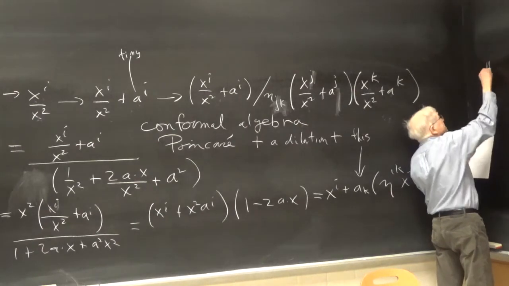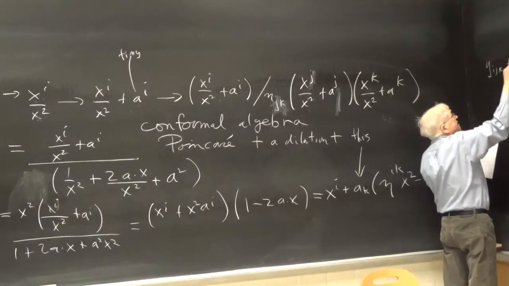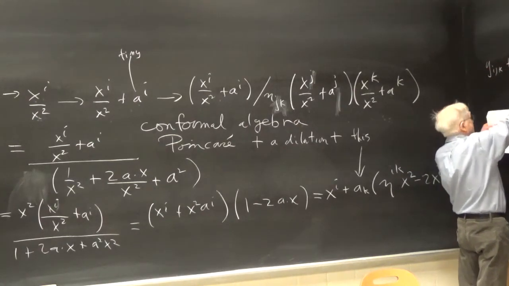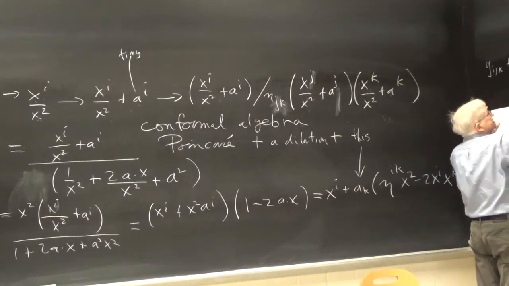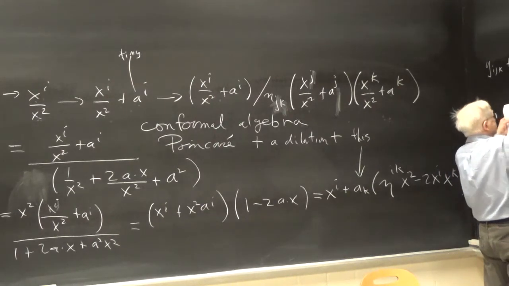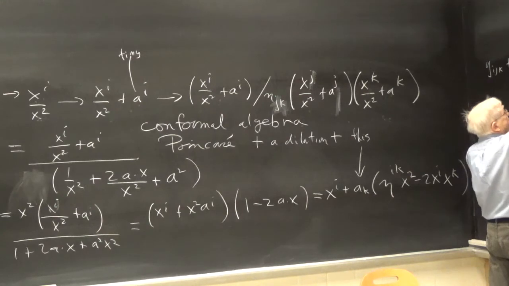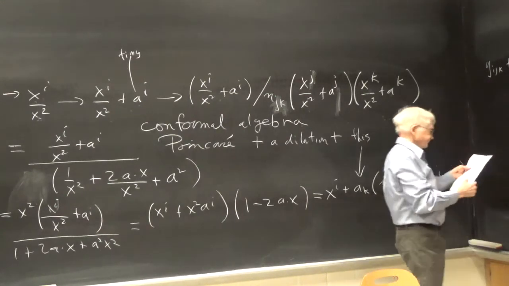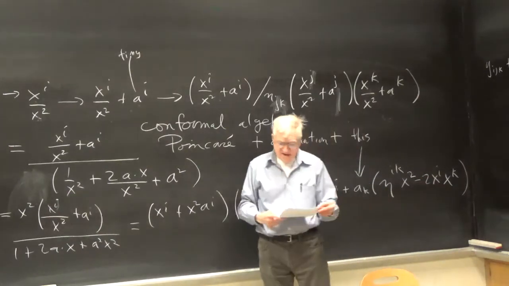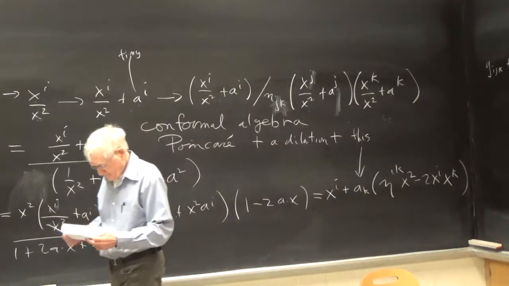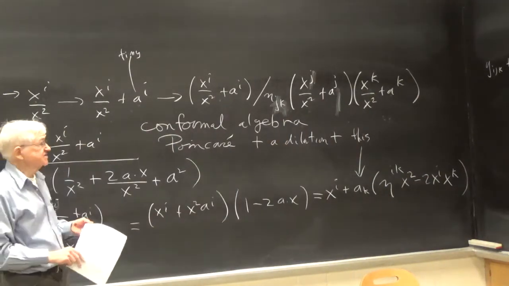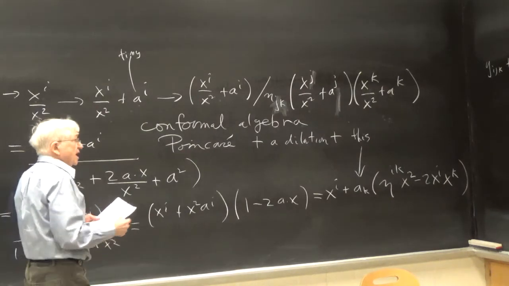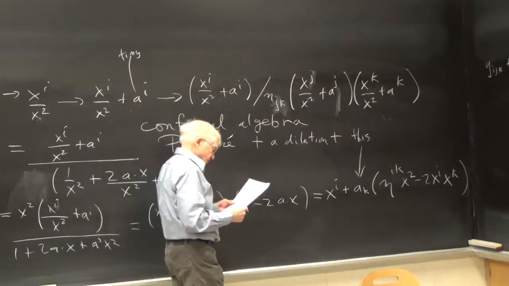So what we've got is yi comma k plus yk comma i is 2 over d theta ik yl comma l. Okay, that's called Killing's conformal condition, flat space conformal condition.